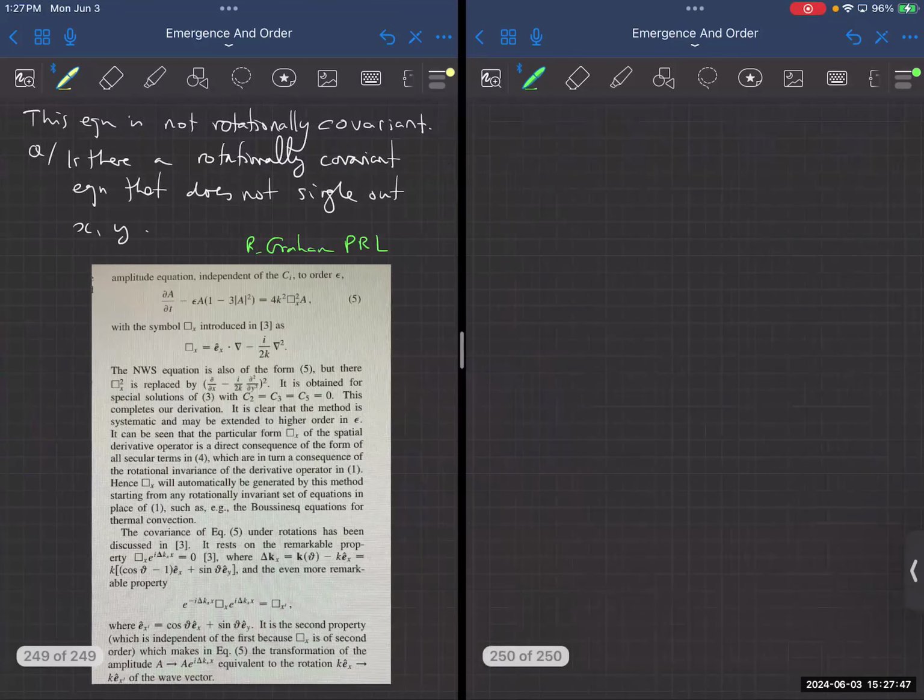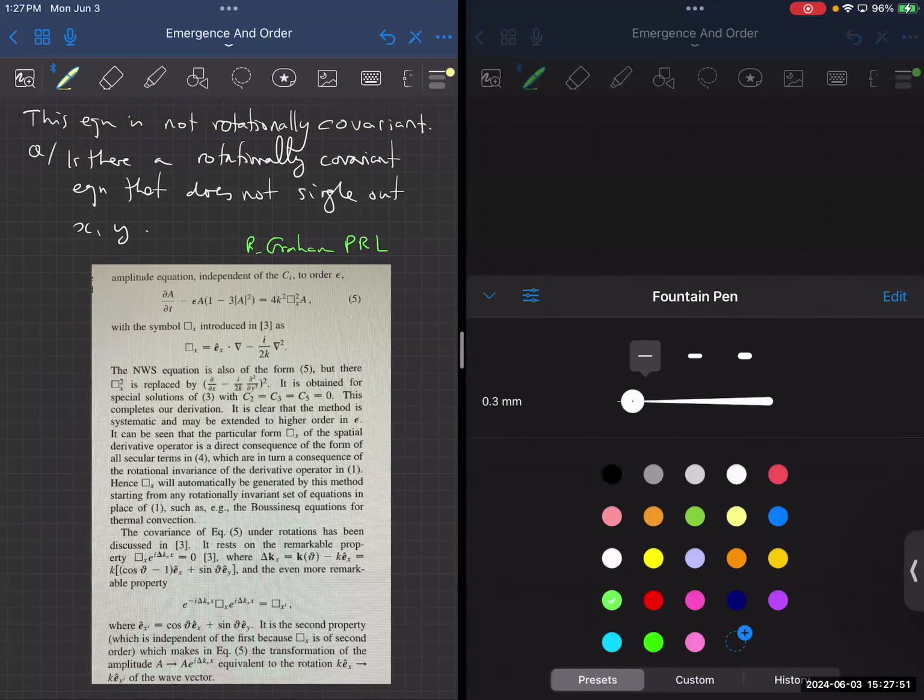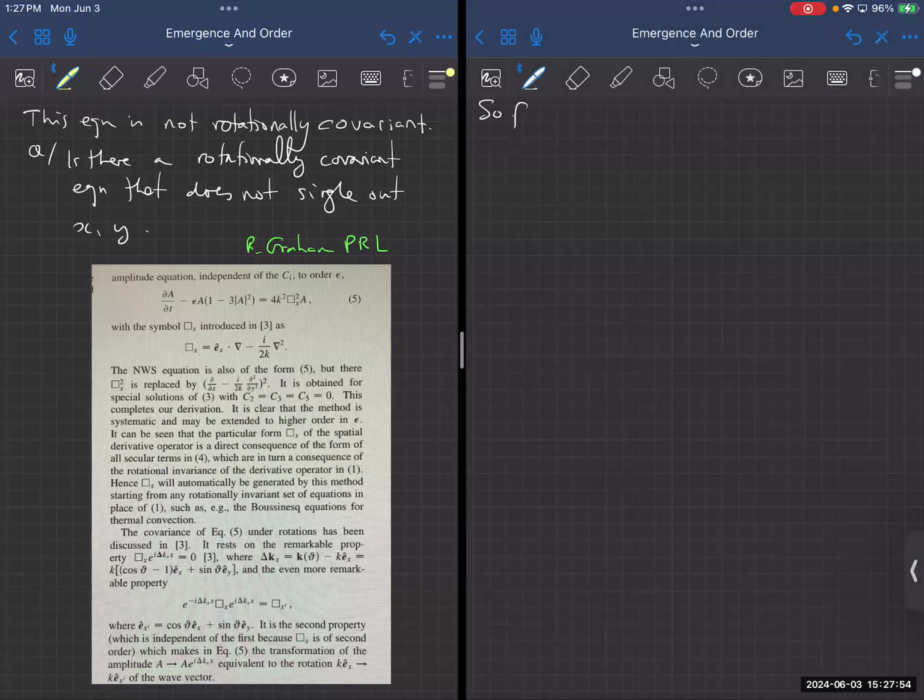So that's the story so far. We used a Landau style theory to describe patterns near threshold.